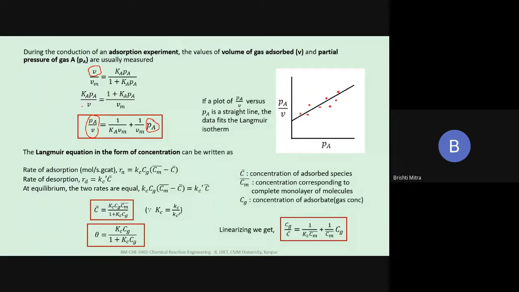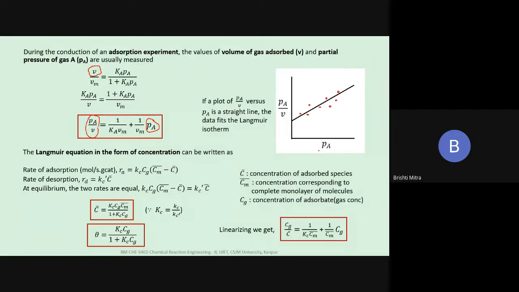So this form of the Langmuir isotherm is something that we have written out after rearranging the equation, where we have PA by V is equal to 1 by Ka Vm plus 1 by Vm into PA. Now, if I plot PA by V versus partial pressure. If you think about doing an experiment, you see that the partial pressure of A, that means a reactant gas I am introducing.